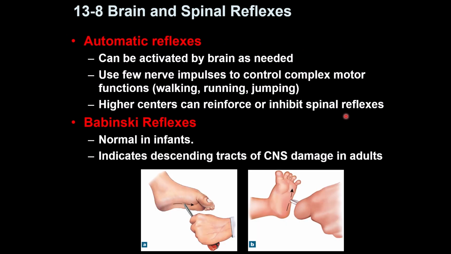By the way, these are automatic reflexes. Initially, when you try to learn something, for example walking or running or jumping, the brain will think about which muscle should contract. As you do that more and more, that is saved in the memory in a specific part of the brain, which I will talk about later, and that becomes a reflex.